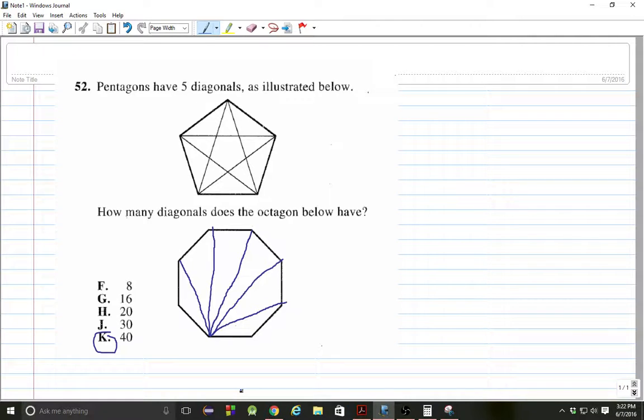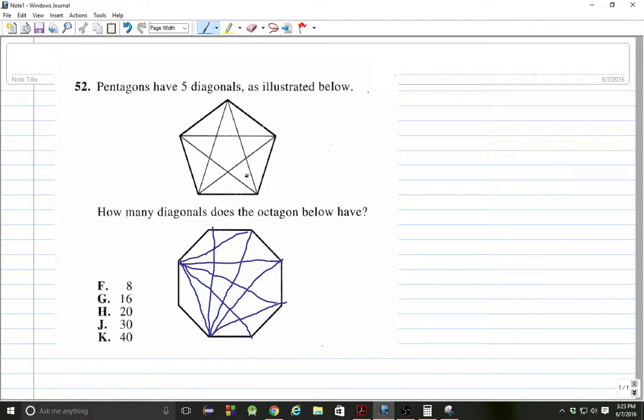Wait a second. I don't think that's correct, actually. Here's why. We're having 5 diagonals right now, but when we go from this angle over here, we're going to have 1 diagonal, 2 diagonal, 3 diagonal, 4 diagonal, and this 5th one is going to be a copy.